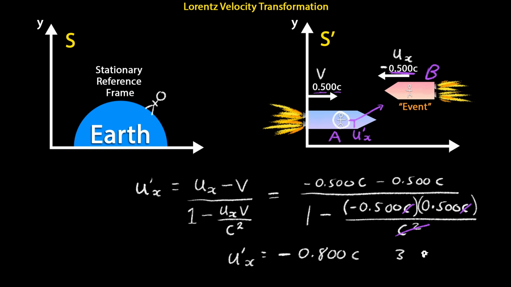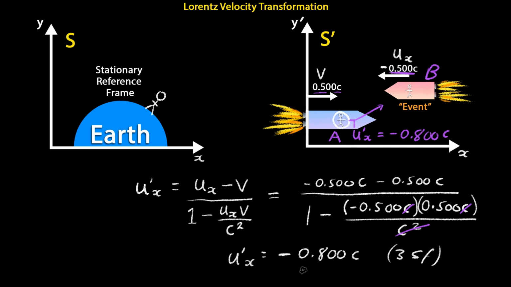So you in spacecraft A, instead of viewing spacecraft B moving past you at the speed of light, as you would expect in classical physics terms, according to special relativity, it would be moving past you slower than the speed of light.